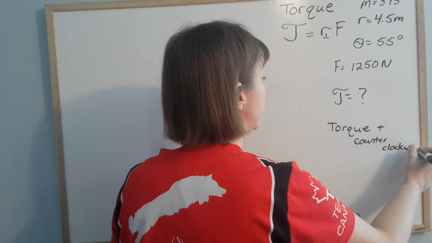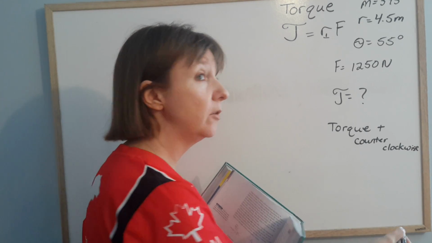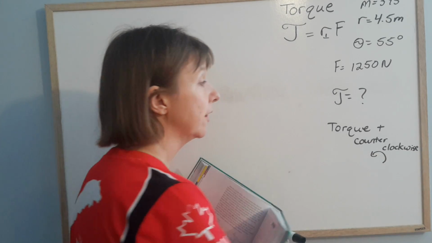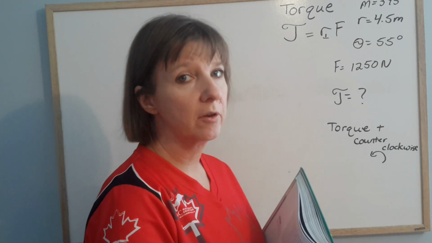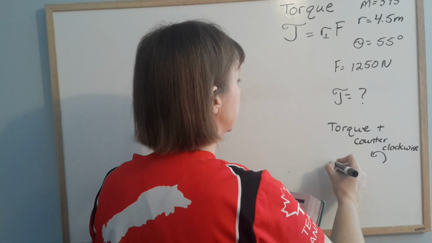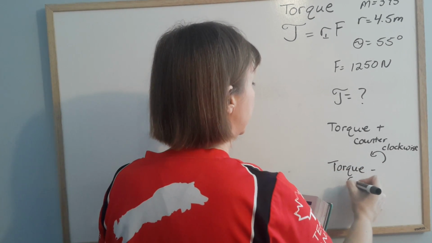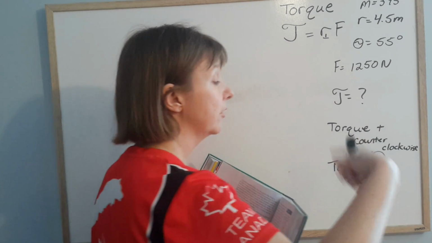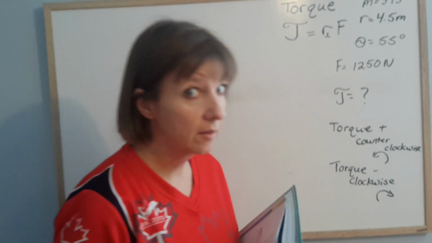In elementary school, supposedly they no longer teach clockwise and counterclockwise. Here's the reason why you need it. Counterclockwise would be going that way. So if you figure out your torque and it turns out to be positive, it means the thing is spinning counterclockwise. If torque is negative, then it means that the object is rotating clockwise. In other words, it's going that way, right?